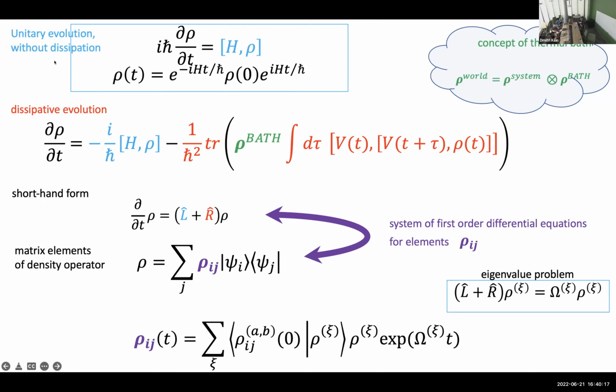So the top blue box agrees with what William was teaching us, right? So it is the evolution of the density operator. And in this limit, as shown in the blue box, it is absolutely equivalent to the Schrödinger equation, the evolution of the wave function.